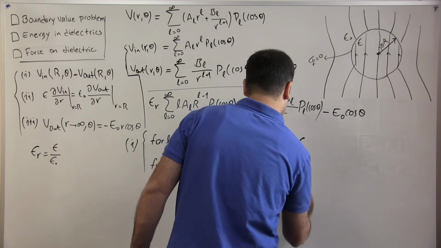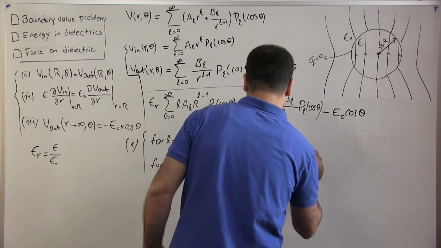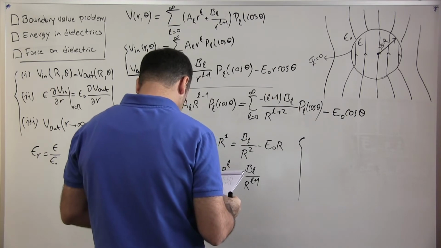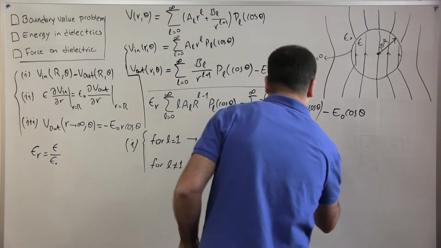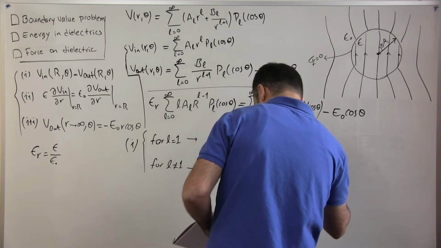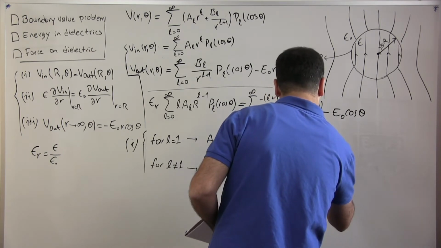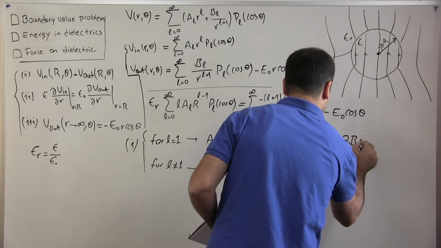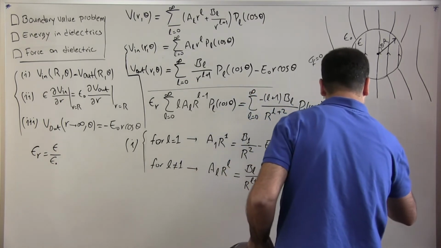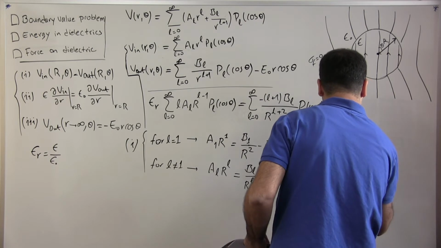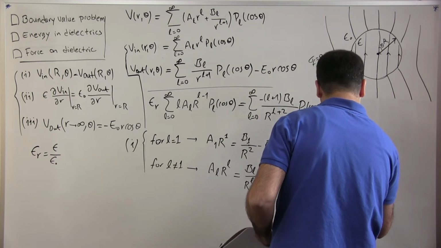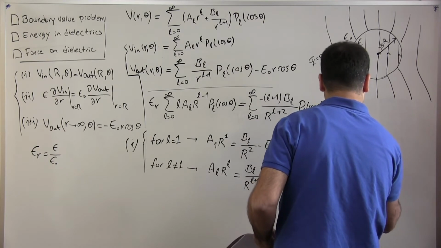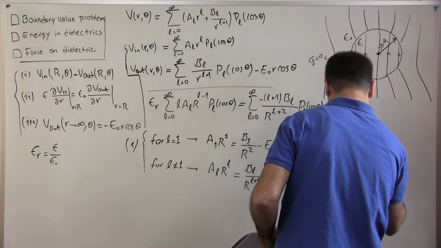I want to write that here. Here, for L equals 1, we get A_1 equals negative 2B_1 divided by R cubed minus E_0.